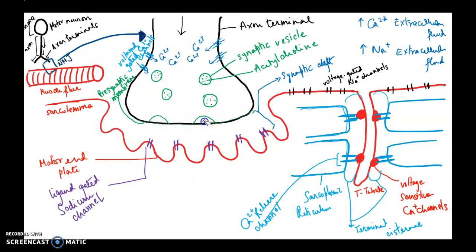So calcium causes the synaptic vesicles to fuse with the presynaptic membrane and exocytose acetylcholine into the synaptic cleft. Now we have acetylcholine floating in the synaptic cleft.